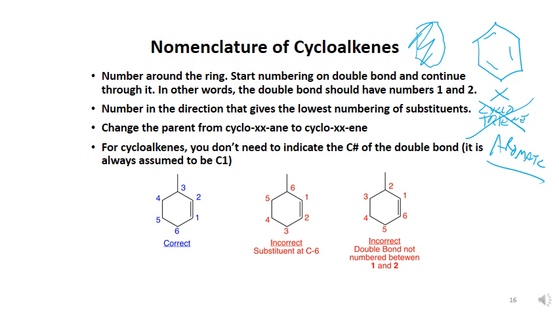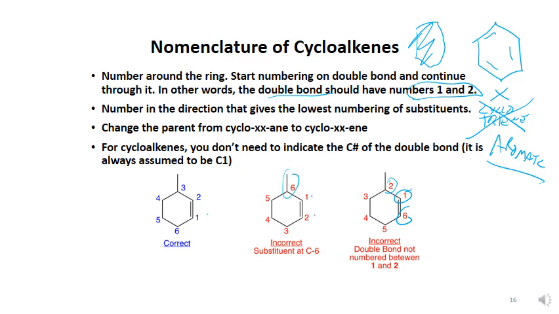The naming is the same as with cycloalkanes, with the exception that you always identify the carbon where the double bond starts as being 1, and that the second carbon, the way the numbering goes, always has to go through the double bond. So you would never go 1, 6, even though the substituent is a smaller number, because whenever you have the double bond, it's always going to have numbers 1 and 2. And of course, you wouldn't want to go 1, 2, 3, 4, 5, 6.